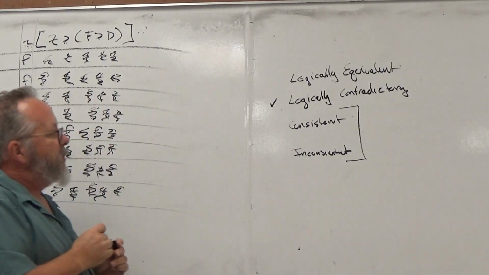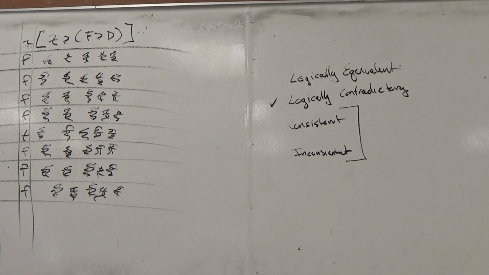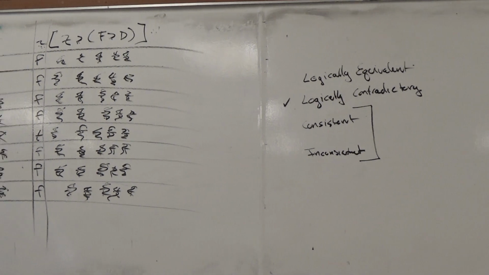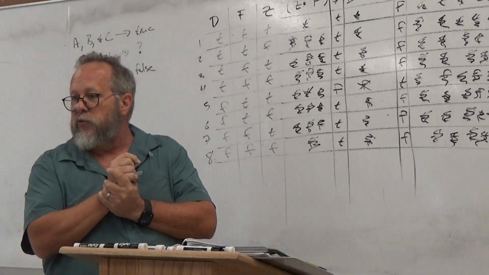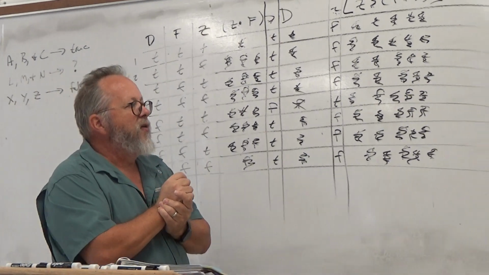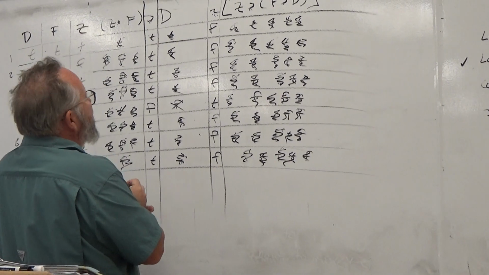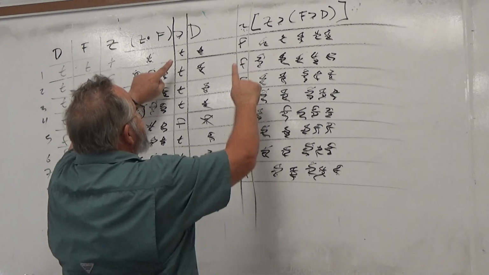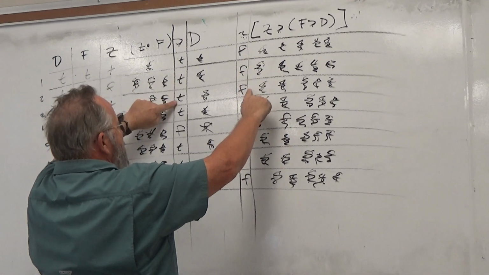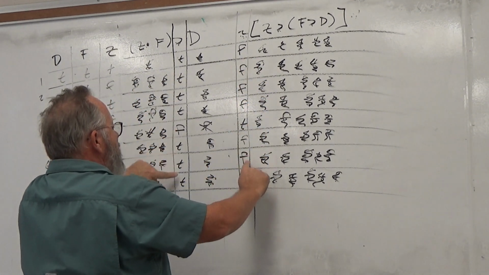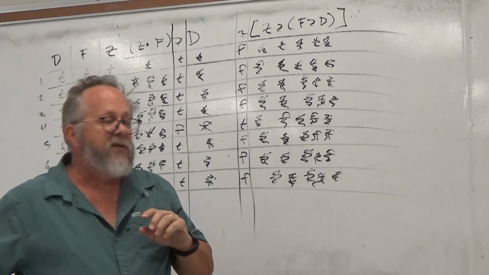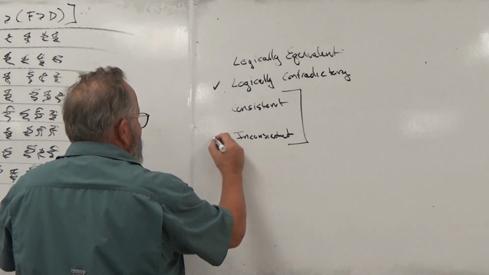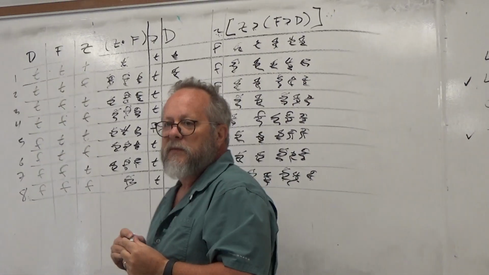But now we would ask, well, are they consistent or inconsistent? And it's going to be one or the other. Consistent means there's at least one place where they're both simultaneously true, okay? And if we don't find that, they're inconsistent. So we're looking for true, true. No, no, no, no. We did not find a case where they're both true, so we're going to also tick this box, inconsistent.